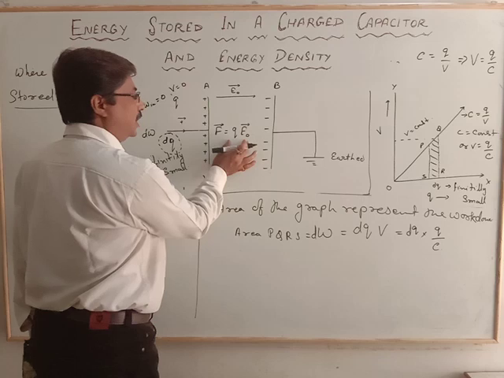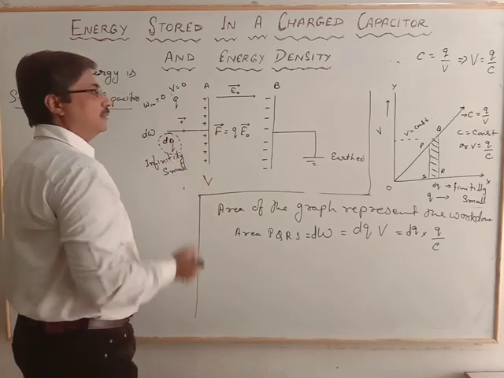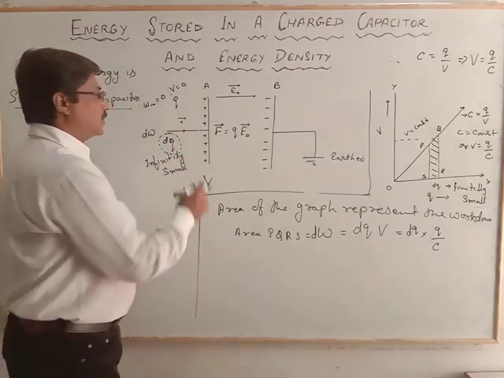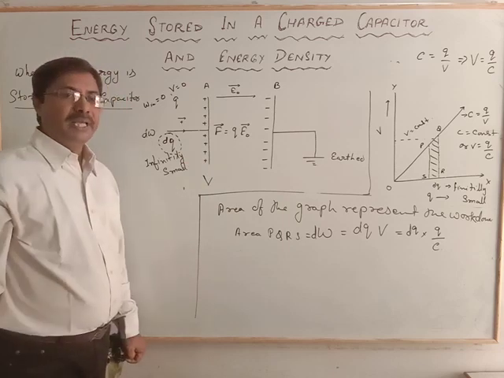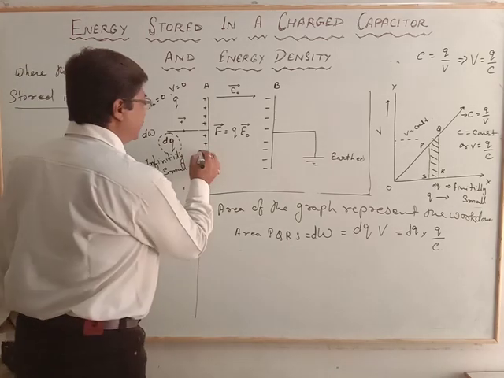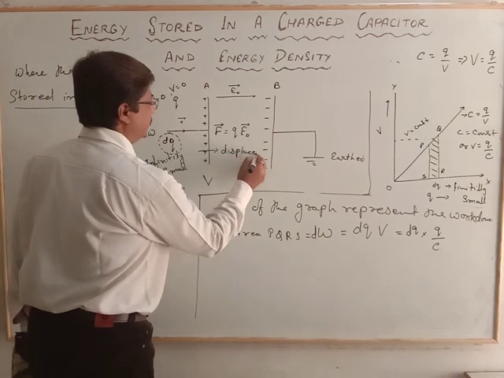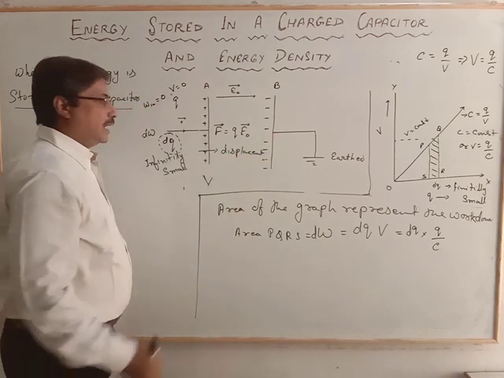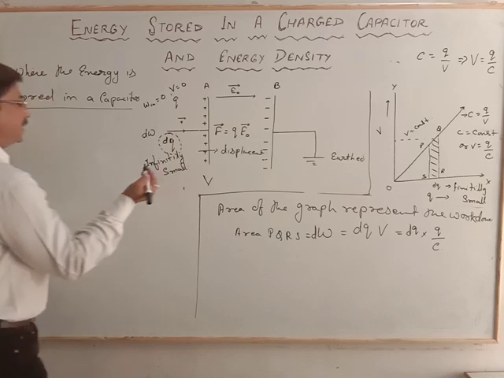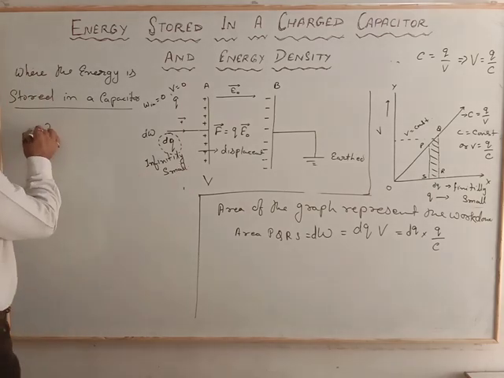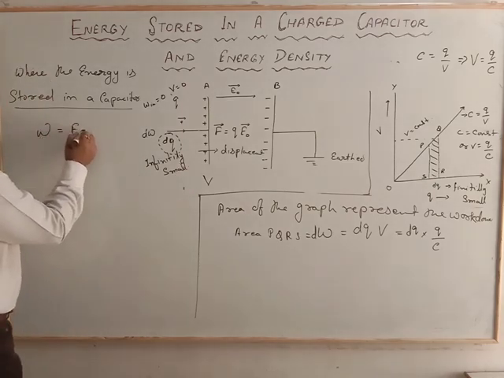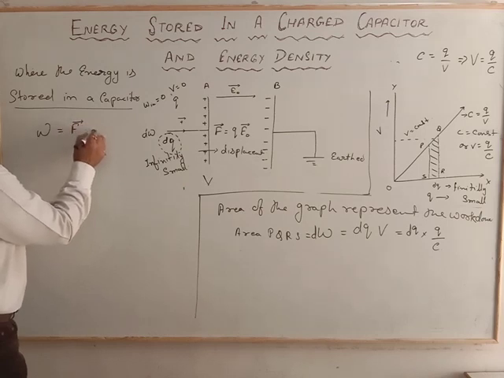And this is the electrostatic force which opposes the charges moving to the plate, and the moment there is displacement, that means work is going on. That work is equal to force into displacement.